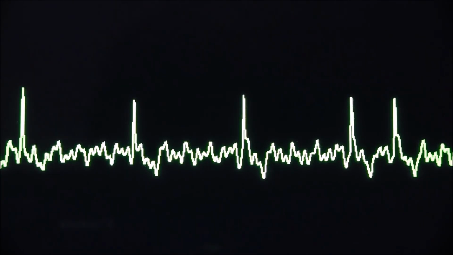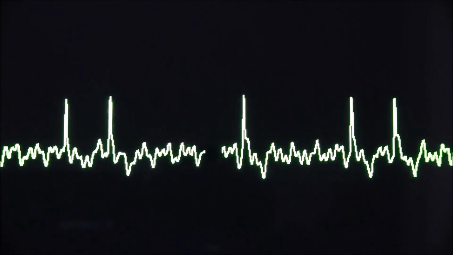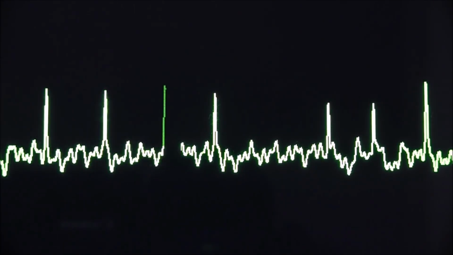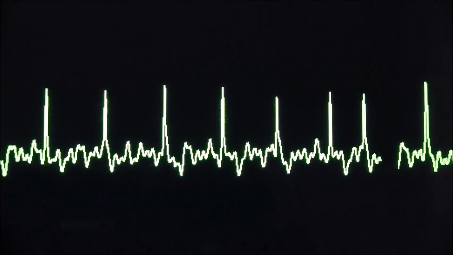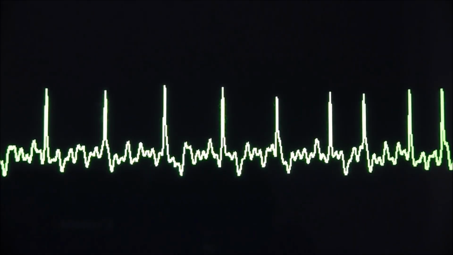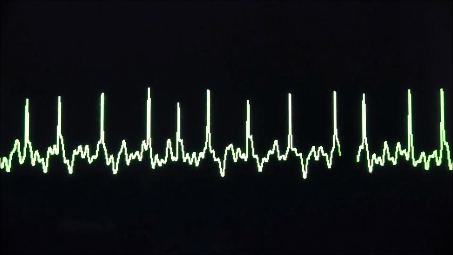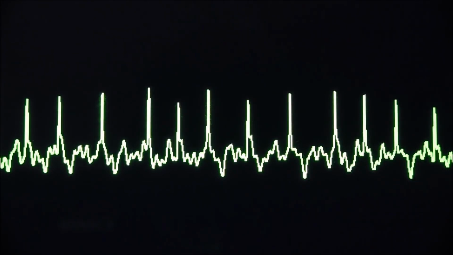More commonly, AF is a bit faster. So this would be a faster atrial fibrillation.